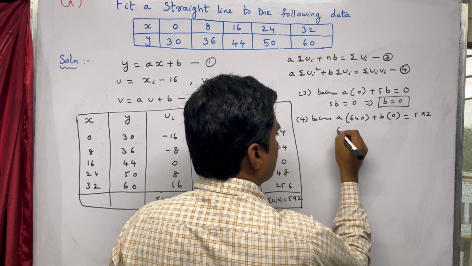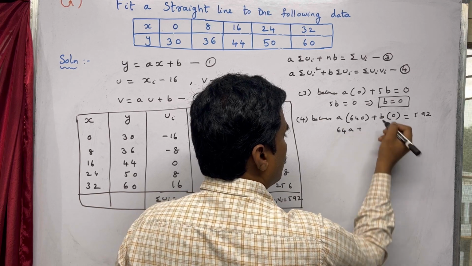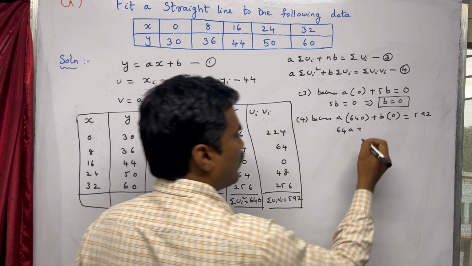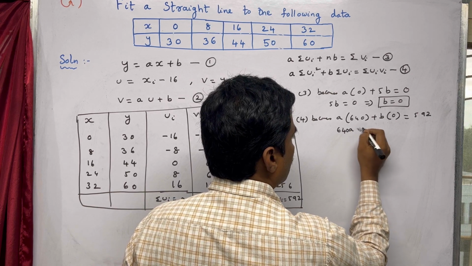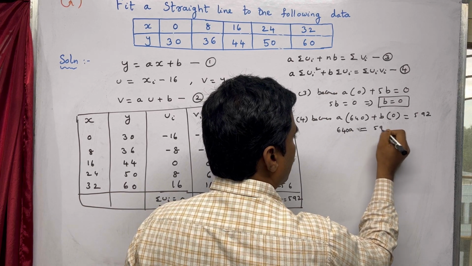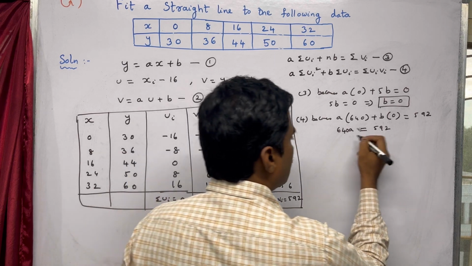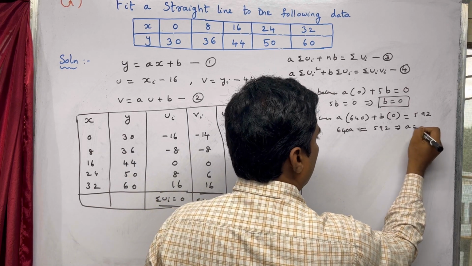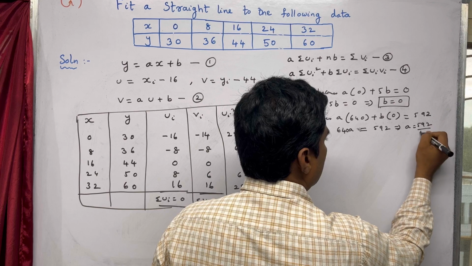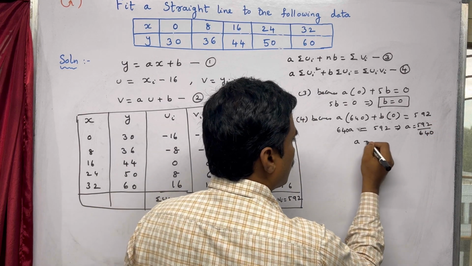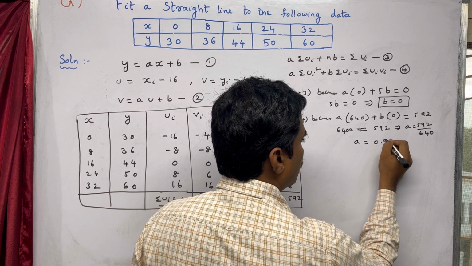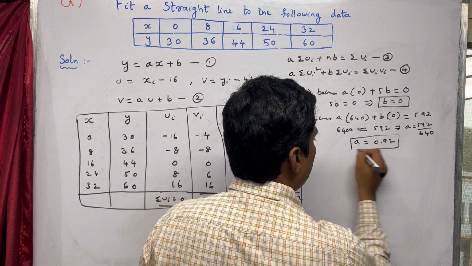So this will be 640 A, and B is also 0, 0 into 0, 0. So you get 640 A equal to 592. So what is A here? This implies A equal to 592 by 640. By using cancellation, we'll get A equal to 0.92. So I got A value also.